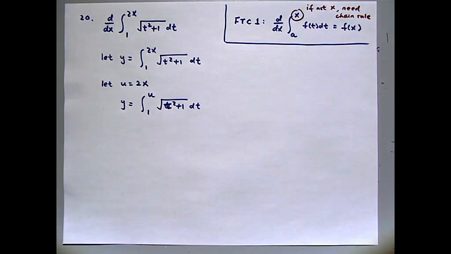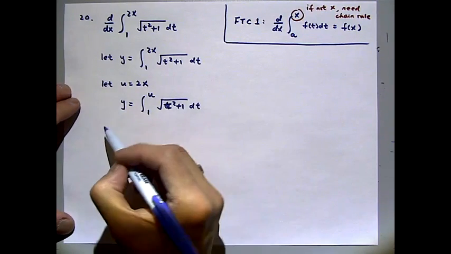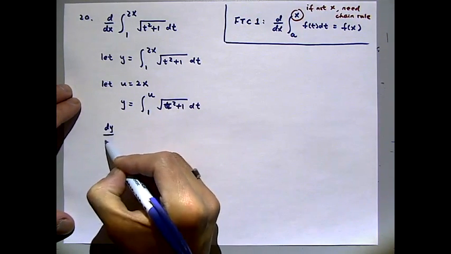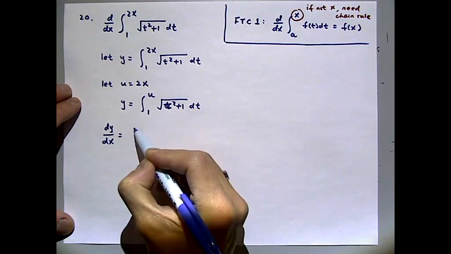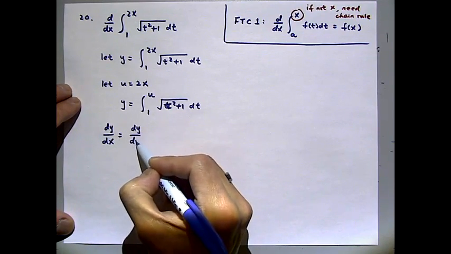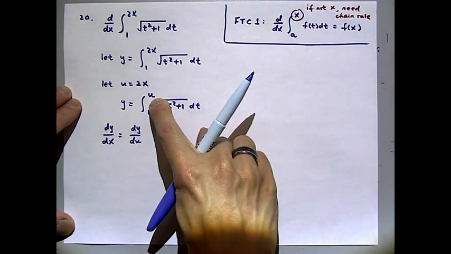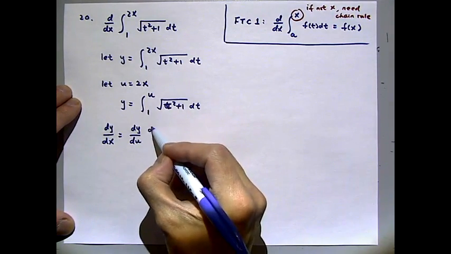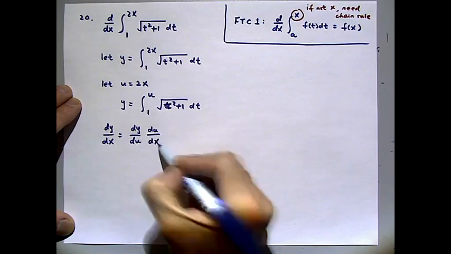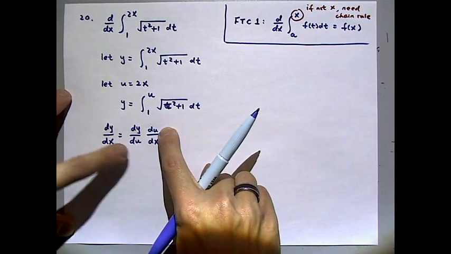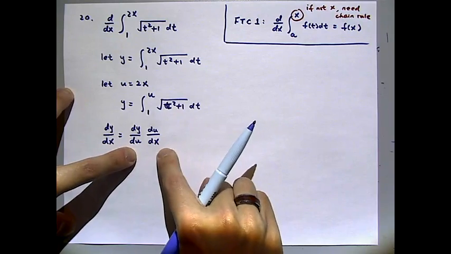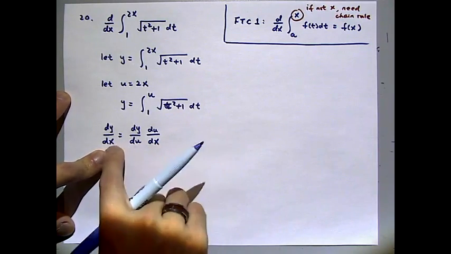If we call 2x u, then right now y is equal to the integral from 1 to u of radical t squared plus 1 dt. The derivative of y with respect to x by the chain rule is dy/du, because y is immediately a function of u, multiplied by the derivative of u with respect to x, the variable that we're really interested in.